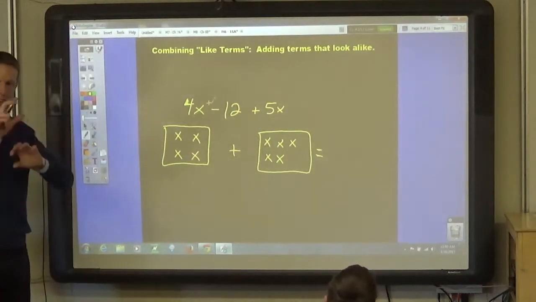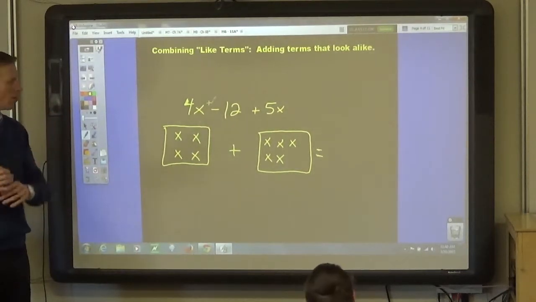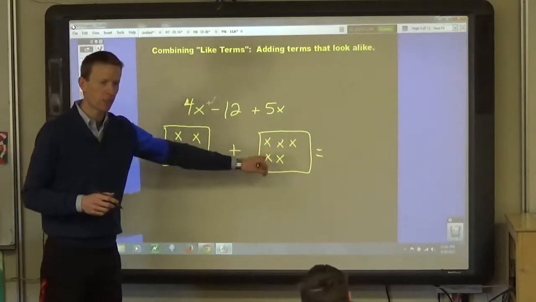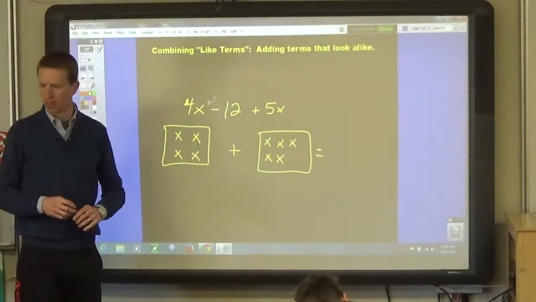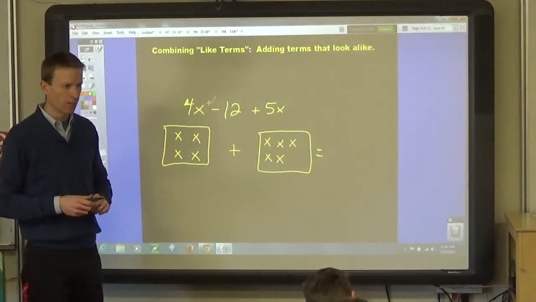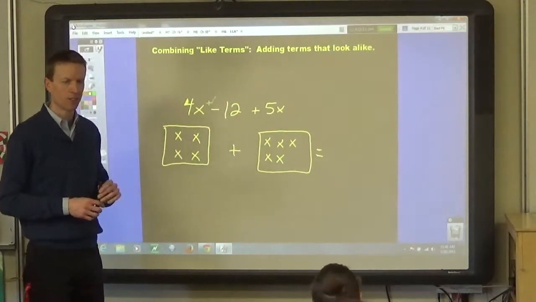we can move things around using what property? Commutative property. So we could simplify this expression. How could we simplify this expression? By adding these like terms.